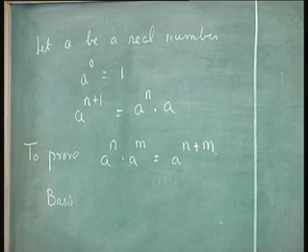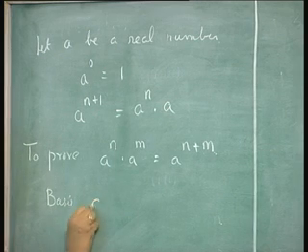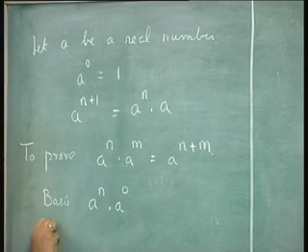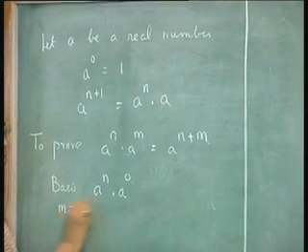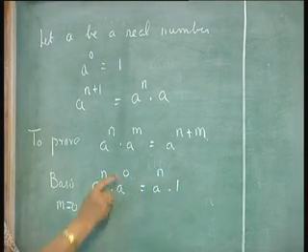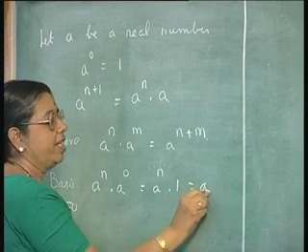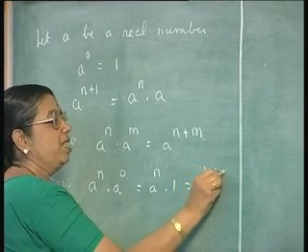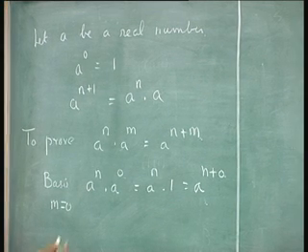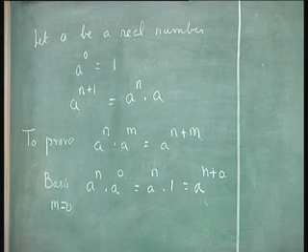So, for basis class you take a power n into a power 0, that is you are considering the case where m is equal to 0. This will be a power n into 1, since a power 0 is 1, and that is nothing but a power n plus 0, same as a power n, right.